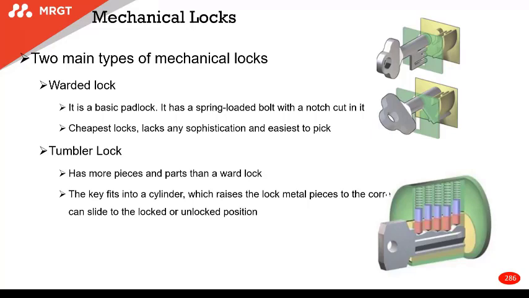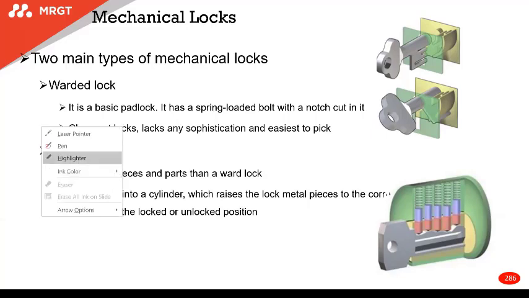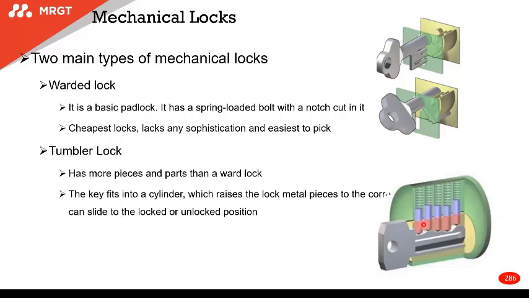And the pin tumbler locks, given below over here, have pins, as you can see. Let me just grab a laser. These are called springs, these are called pins, and this is the whole cylinder, which is circular in nature. These locks are comparatively very easy to pick.